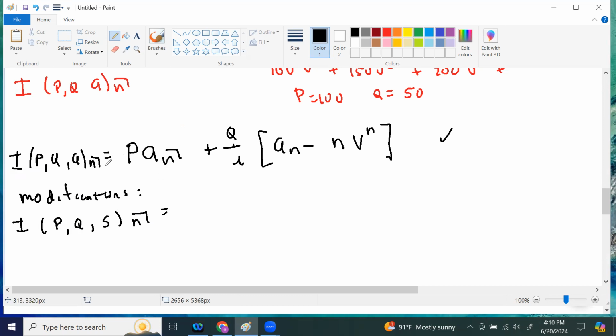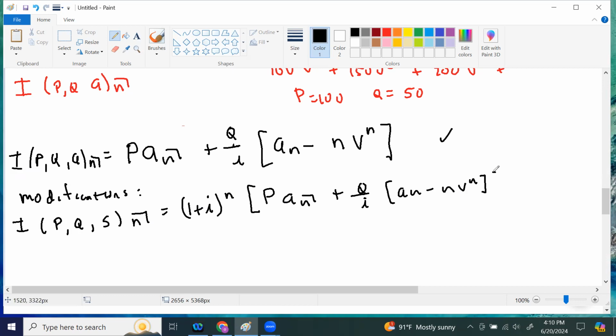Well, all you really need to do is multiply this whole thing by 1 plus i to the nth power. If you distribute that, this is, of course, pretty easy. That's S, future value. This Q i remains the same.